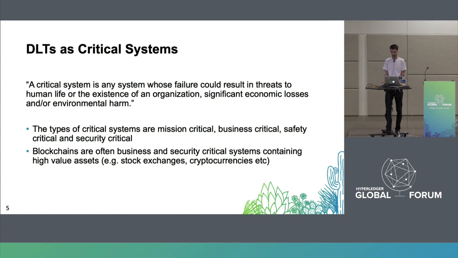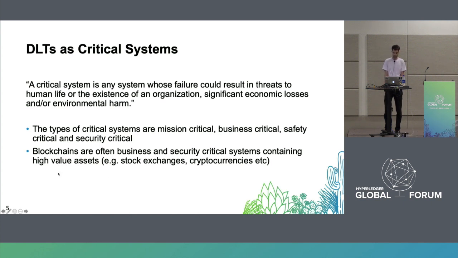But more importantly, in the context of blockchain, there's business critical systems, which are anything that has any chance of significant economic losses. Classic example there is stock exchanges. And there's also security critical software. Security critical systems are any systems that have sensitive information. And they include banking systems and government systems and obviously a lot of systems like that.